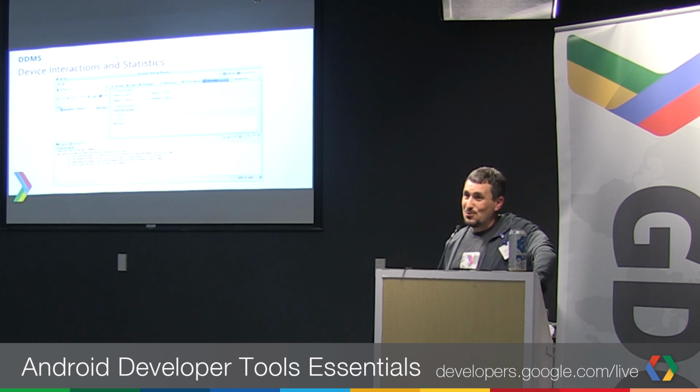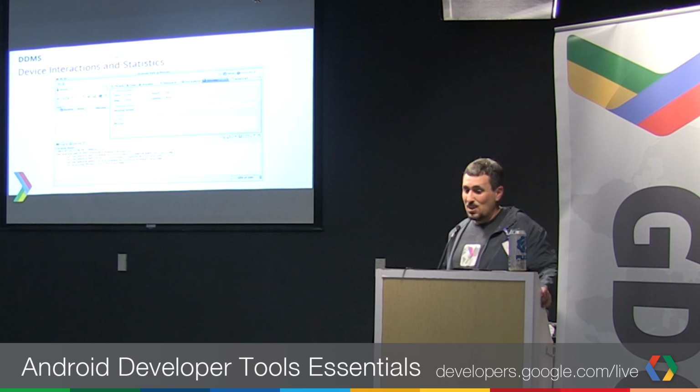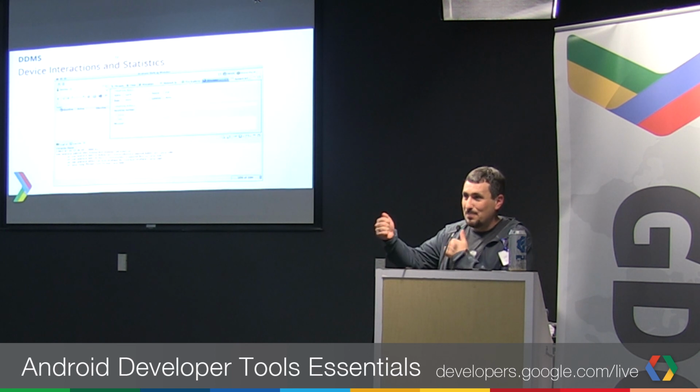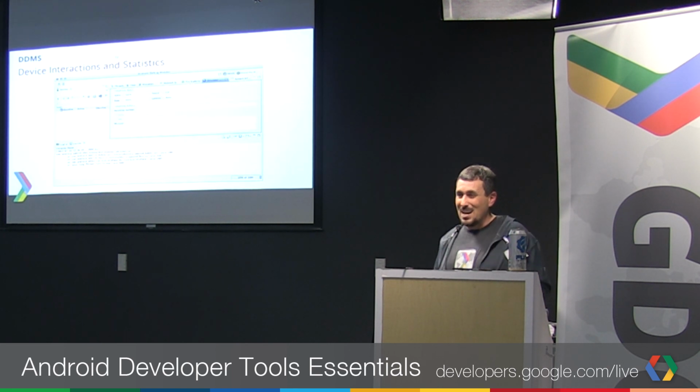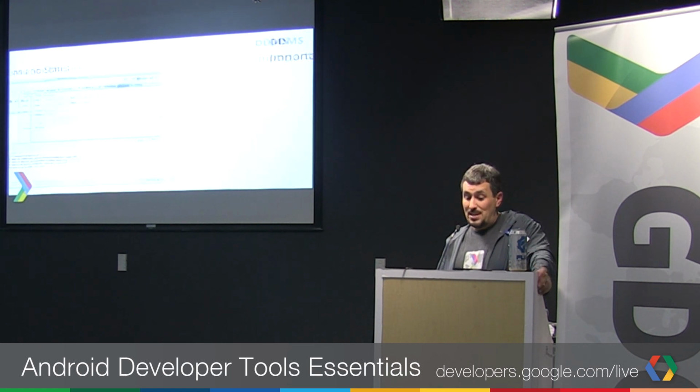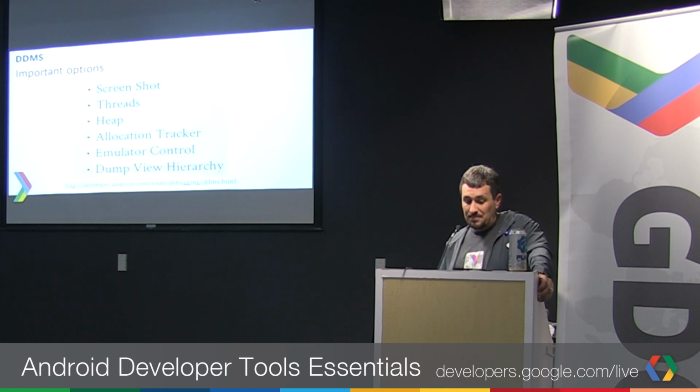That's super useful because obviously we all need to take screenshots for demos or promotional materials, or to upload pictures to the Play Market. This is much easier than trying to press up and power on a phone at just the right time and then trying to get that file off. That's a really useful aspect of DDMS, taking a screenshot.